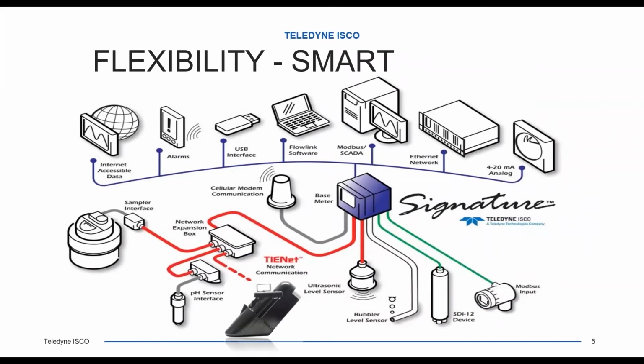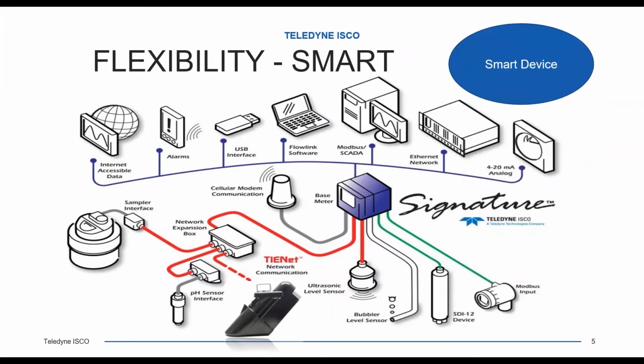Many of you may not be aware of it or familiar with it, so I'll briefly go through that. The signature is what we refer to as a smart device. All of our sensors now are going to be smart sensors, which means they have their own microprocessor built into them. So they process the data and the readings internally in the sensor, and they send it up the line digitally to the smart device, or in this case, signature.